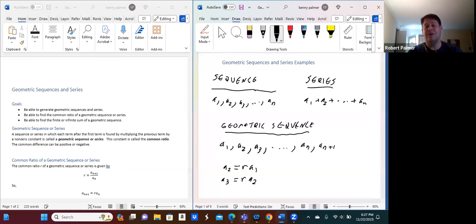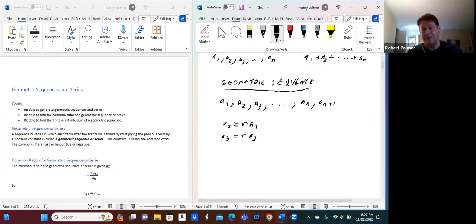In other words, to get A2, we multiply A1 by something. To get A3, we multiply A2 by something, and so on down the line until, to get A(n+1), we multiply AN by the same number R. This is called a geometric sequence, where R is a constant value called the common ratio.